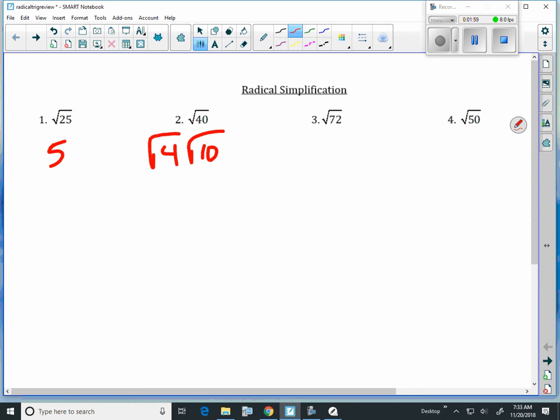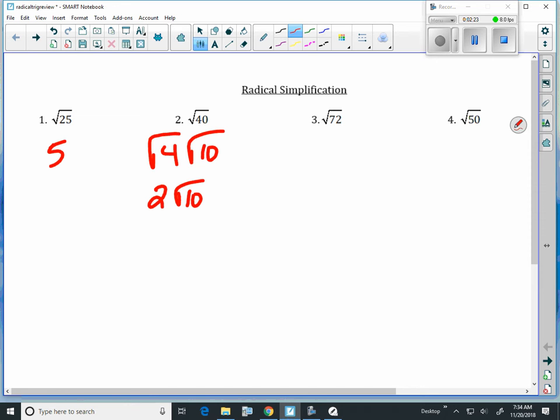No. If we did 10 divided by 4, we get a decimal. If we do 10 divided by 9, we get a decimal. 1 doesn't count. So we know that 4 is the biggest. Then we look at 4, that's a perfect square. The square root of 4 is 2, so the answer to this one is 2 square root of 10. So you're just finding the biggest perfect square that goes into each one.